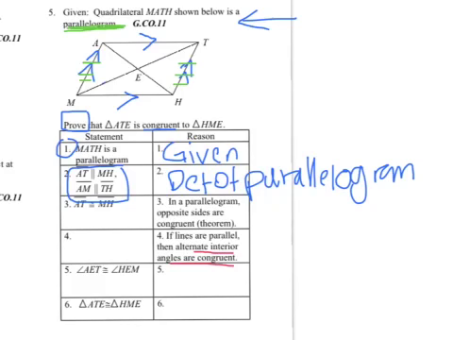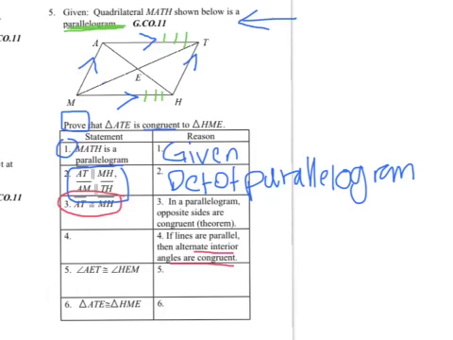Well, what we need to look for are our alternate interior angles. And I think I just marked two things wrong. This says AT and MH. So let's see if I can erase some of this. Oh, I can. Good. So I'll put back the parallel. And then they said that AT, that's this side, is equal to this side.